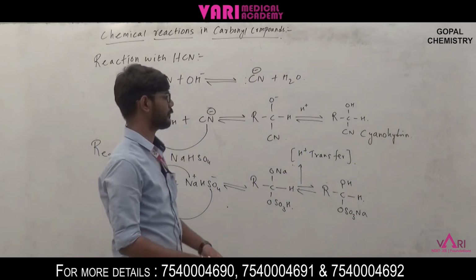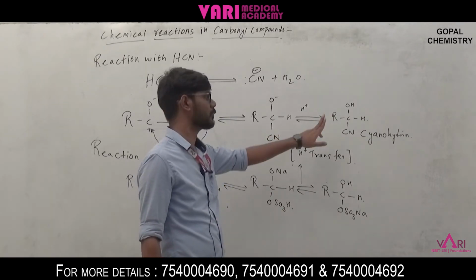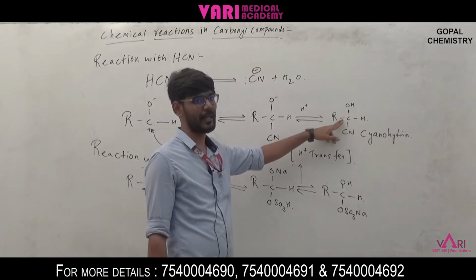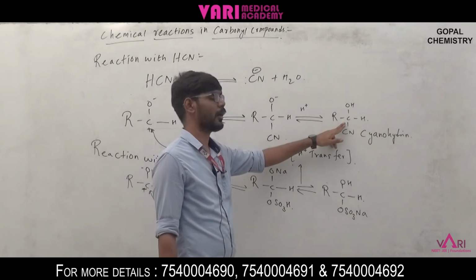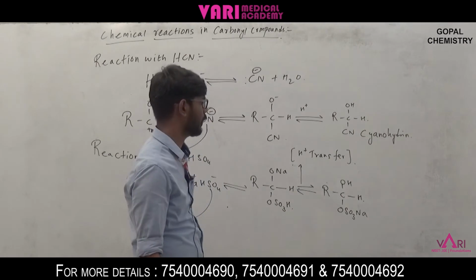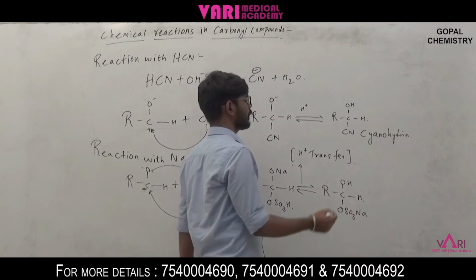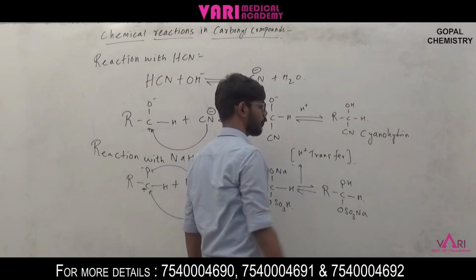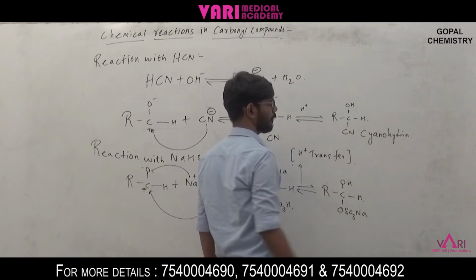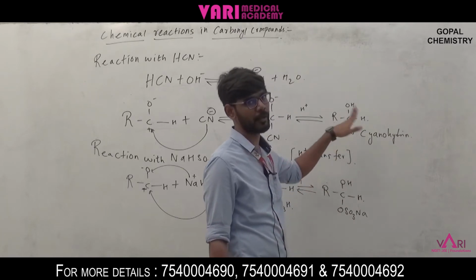Cyanohydrin. Will this molecule show optical activity or not? Definitely it will show optical activity, because the 4 groups attached to this carbon are different. So cyanohydrins are optically active when the alkyl group and this hydrogen are different, or else if we add another alkyl group instead of this hydrogen, it has to be different from this one, then only it will show optical activity.